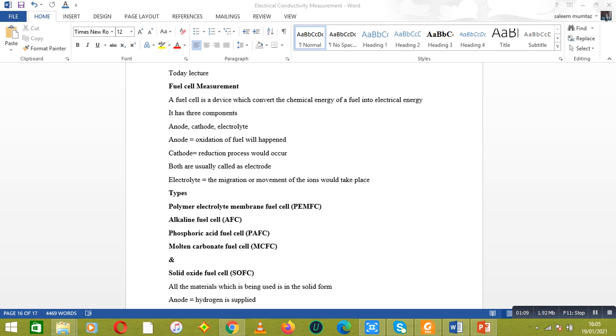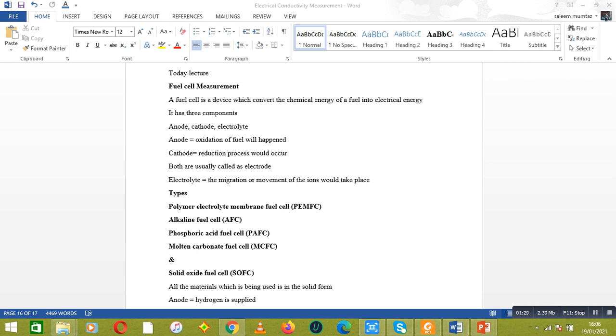Now, what will happen at them? At the anode, oxidation of a fuel will happen. If we have a fuel like hydrogen, the oxidation of hydrogen will take place at the anode, while at the cathode, a reduction process will occur.